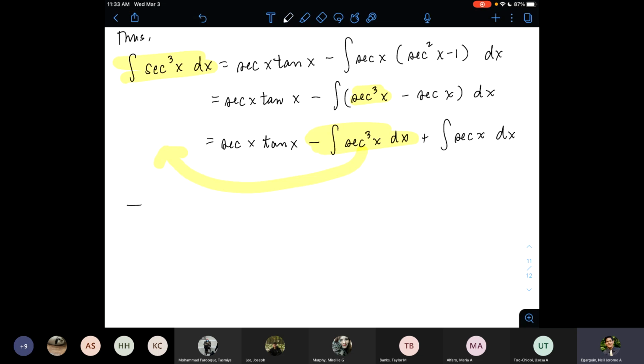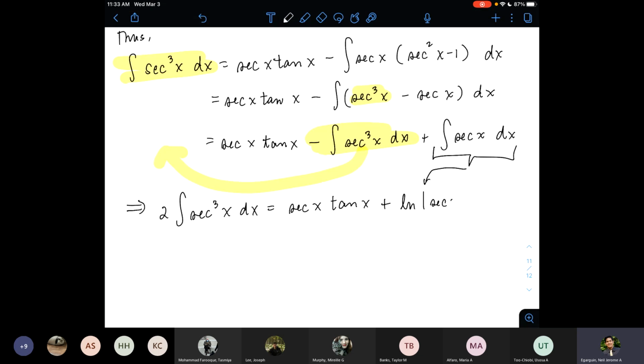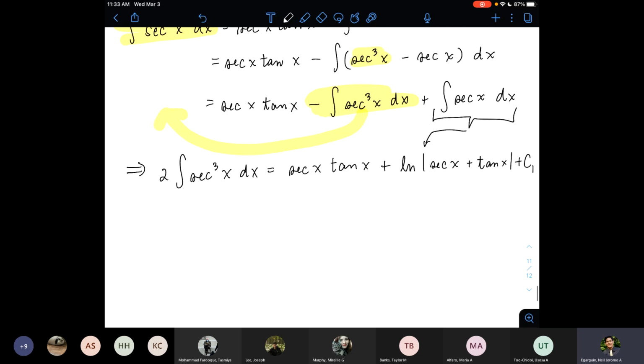And doing so will give us twice the integral of secant cubed x dx is equal to secant x tangent x plus, now what is the integral of secant x? If you remember from the formulas, I'm not sure if it's from Cal 1 or early Cal 2, the integral of secant x is ln of the absolute value of secant x plus tangent x plus the arbitrary constant c1.